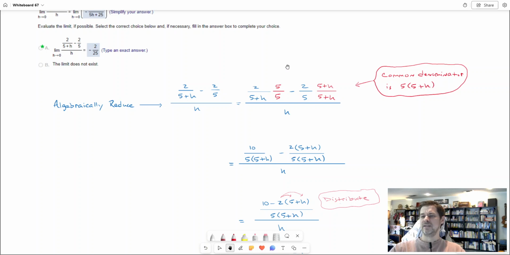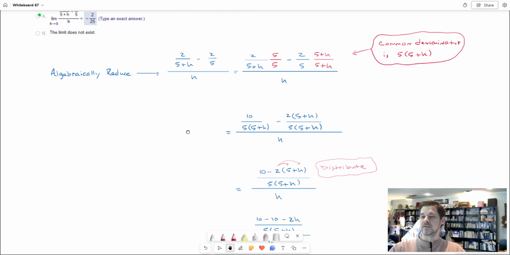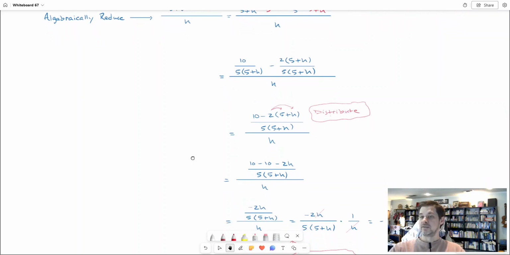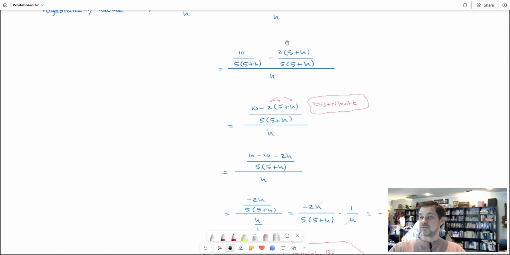Okay? In each case, I'm just multiplying the fractions I start with by 1, but I'm doing that in a way that I get my common denominator. Then we have this, okay, which at that point we do have a common denominator, and I can subtract those fractions by taking 10 minus 2 times 5 plus h over that common denominator 5 times 5 plus h.